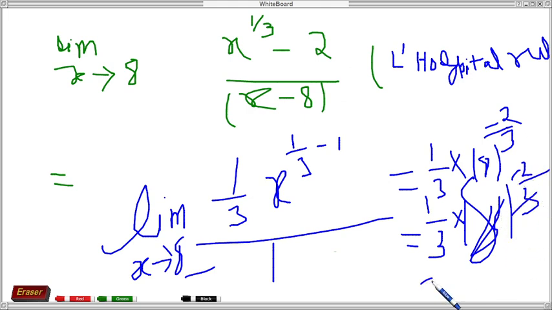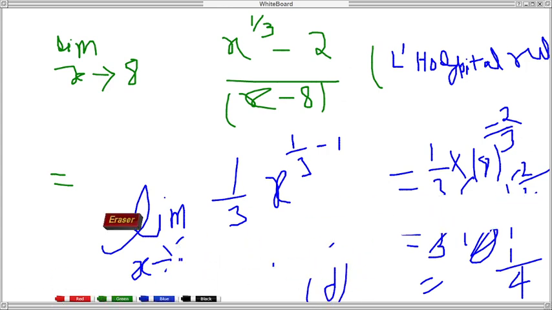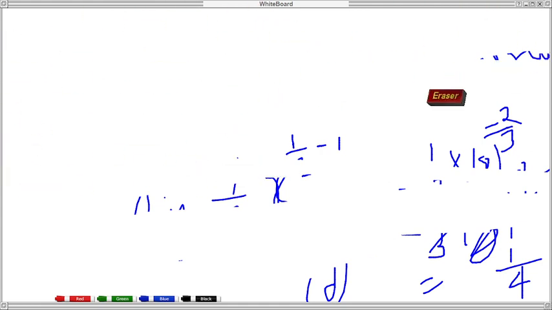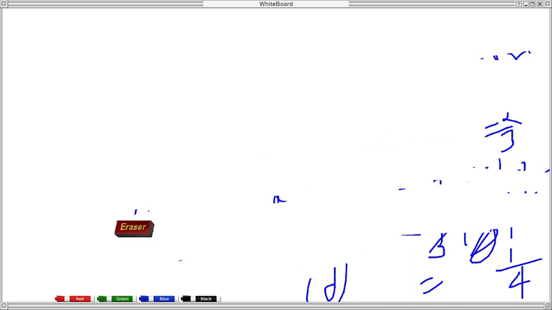And 3 is gone because this 3 will be on the upward side, so it simply becomes 1 by 4. So option number D is your correct answer.